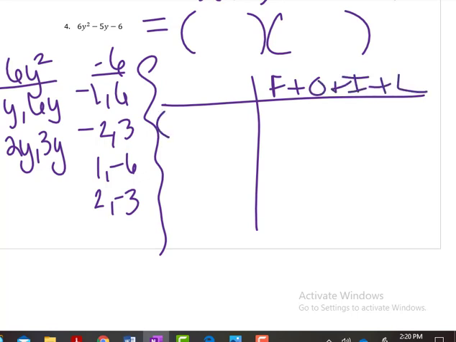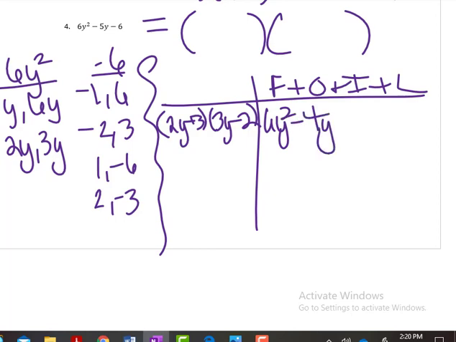All right, so where do we want to begin? I'm going to start with the 2y and 3y, because once you practice these, eventually you kind of make a good guess, right? So I'm going to try the 2y and the 3y, and let's do the plus 3 and the minus 2. So we go first 6y squared, outer minus 4y, inner plus 9y, and last minus 6.